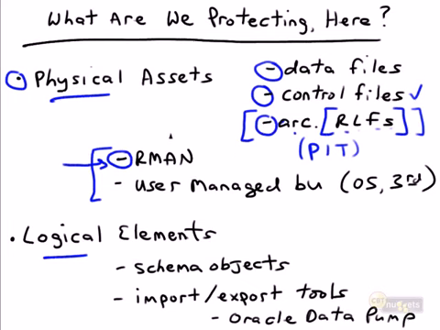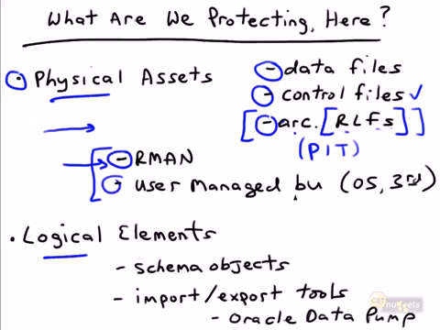Remember the difference between restoration and recovery. Restoration deals with placing an asset, a physical asset, back into its proper location. Recovery means synchronizing the data and making sure that only committed transactions are re-recorded onto your restored files.